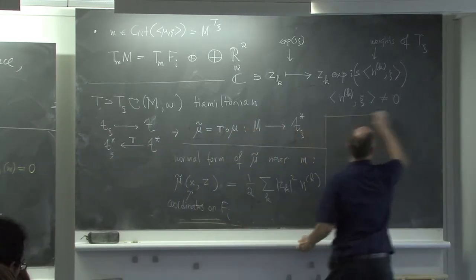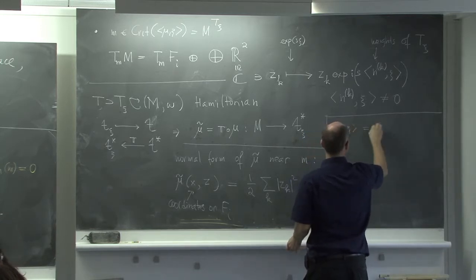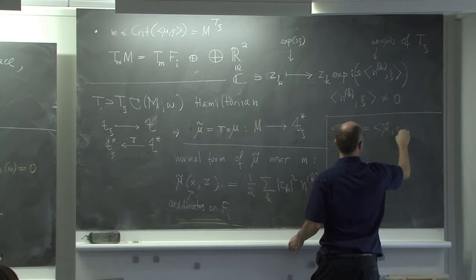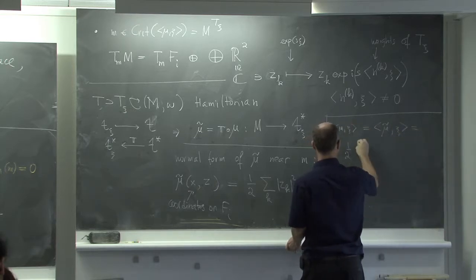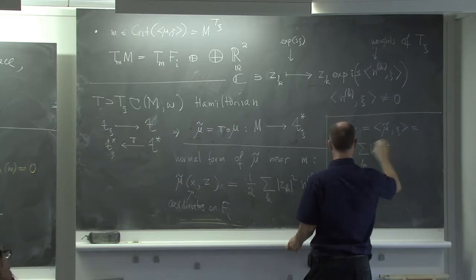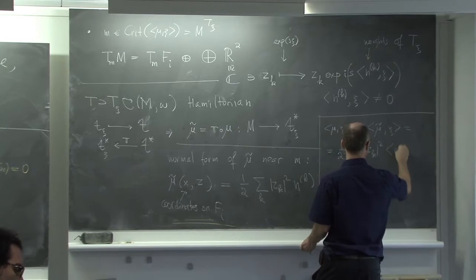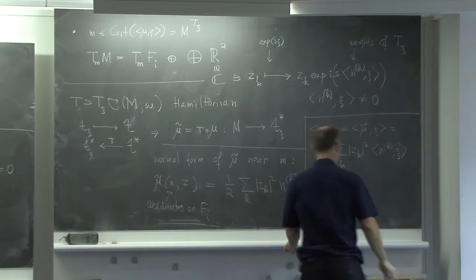So mu psi is equal to mu tilde psi and is equal to 1/2 sum over k of zk squared times nk psi.